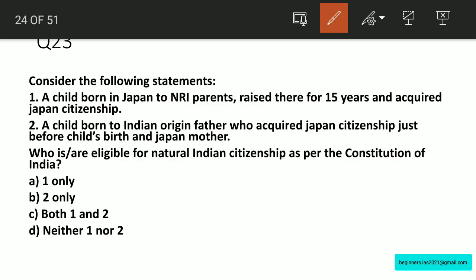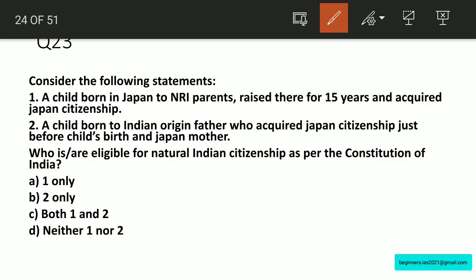Consider the following statements. 1. A child born in Japan to NRI parents, raised there for 15 years, and acquired Japanese citizenship. And 2. A child born to an Indian-origin father who acquired Japanese citizenship just before the child's birth, and a Japanese mother.